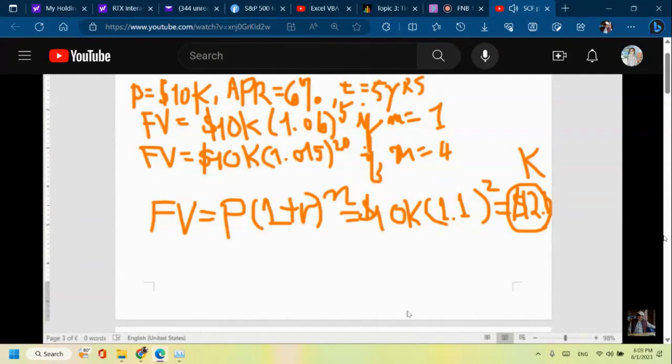Also, the question can be rephrased this way. If I'm going to receive 12.1K 2 years from now, I have an entitlement or claim to this 12.1K. And what gives you that entitlement? Something like a bond. You have a bond that matures in 2 years, and when it matures, it pays you 12.1K.